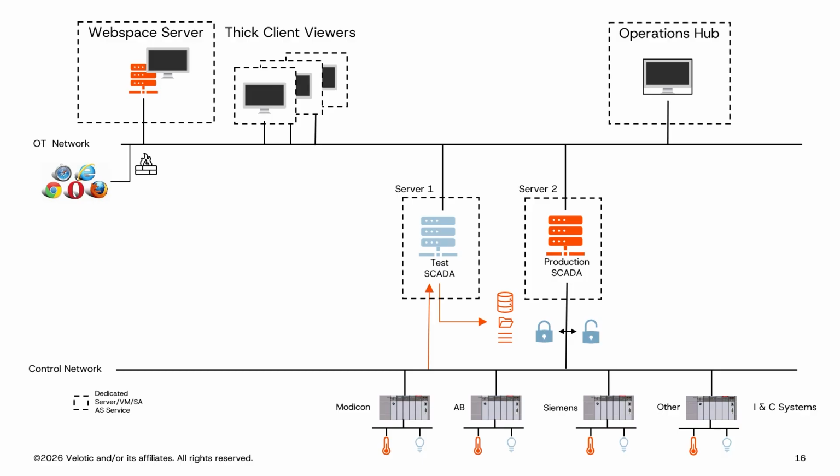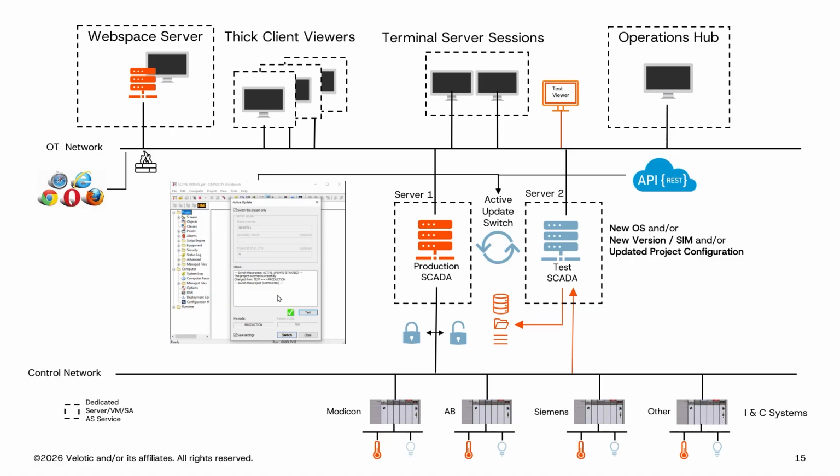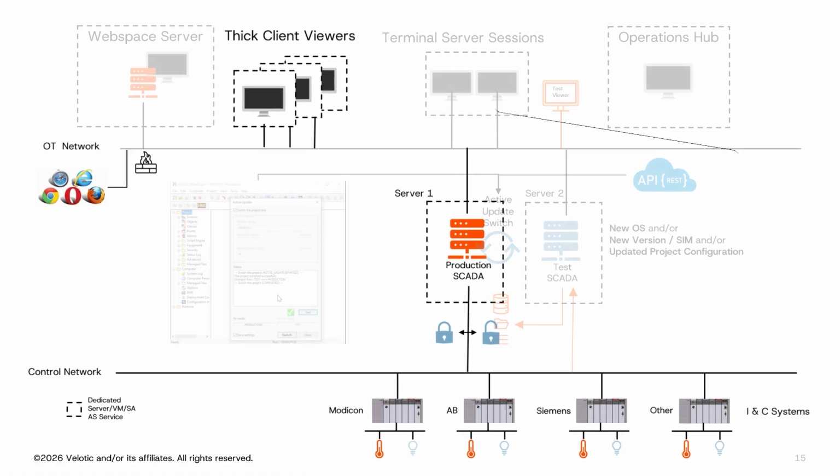And this can all be done with little to no downtime on your production system, just by switching the modes. It's a very simple and quick switch, respecting critical sections. It will give you the ability to not only switch over and start using a newly updated system, but if after this switch you discover that things aren't working quite the way you thought they should, you could easily just hit the switch again and go back into production mode the way it was before, so that you can do more testing or fixing on your test server.